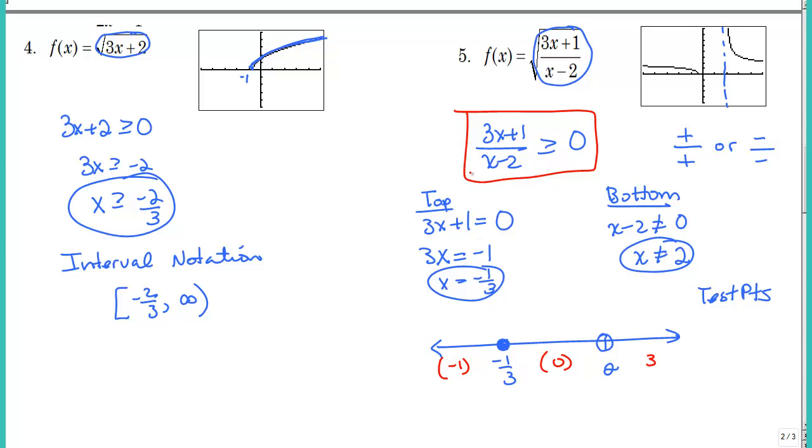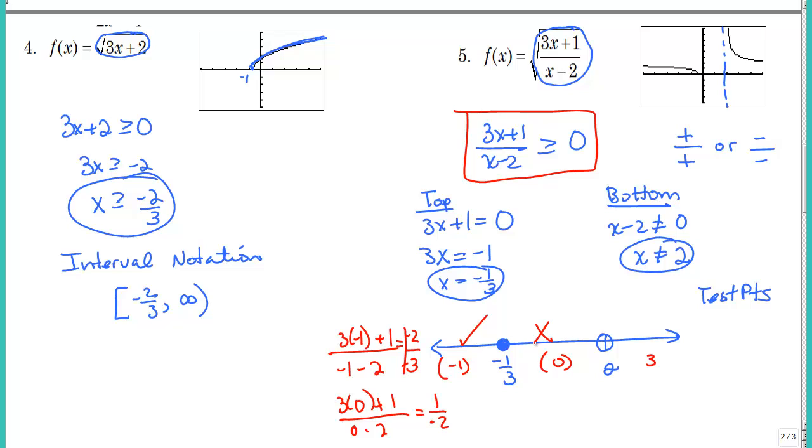So if I plug in -1, 3 times -1 plus 1 over -1 minus 2. Well, let's see, -3 plus 1, that's -2 over -3, which is positive, so that's good. If I put in 0, 3 times 0 plus 1 over 0 minus 2. Well, that's 1 over -2, that's negative.